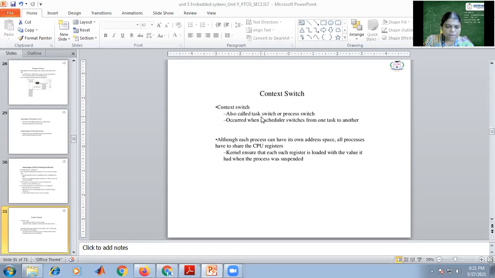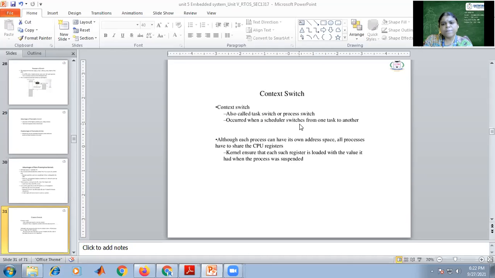In that case, when an interrupt has occurred also, there can be a requirement for switching from one task to the other. So in all these cases, the dispatcher will see to it that the context is switched. It means the control of CPU is moved to the task which is scheduled as per the scheduler.